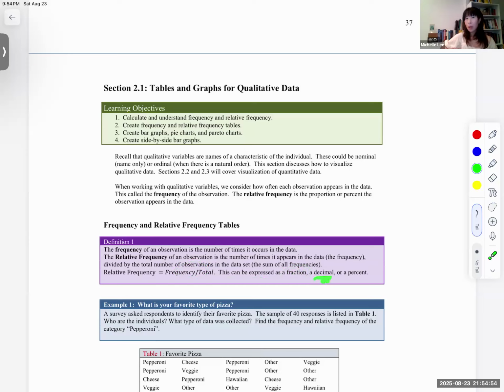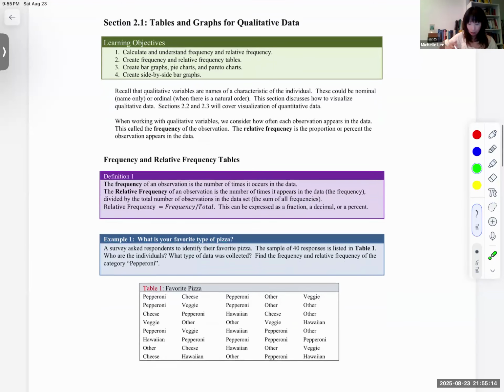If we have a decimal, then we can convert to a percentage, right? So relative frequency can be a fraction, a decimal, or a percent, yeah? Okay, now we have this example.